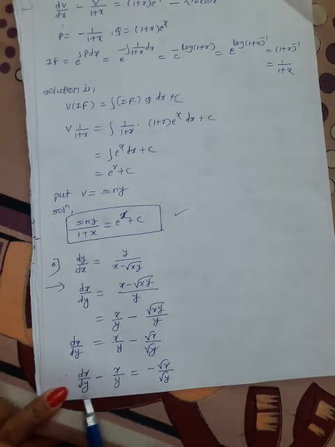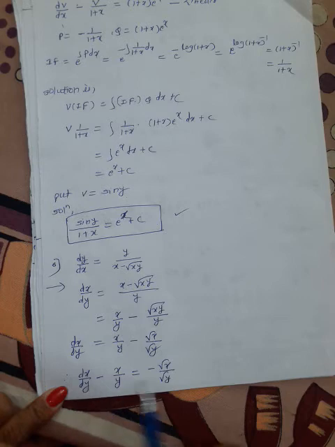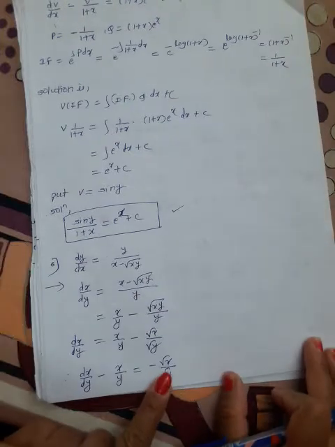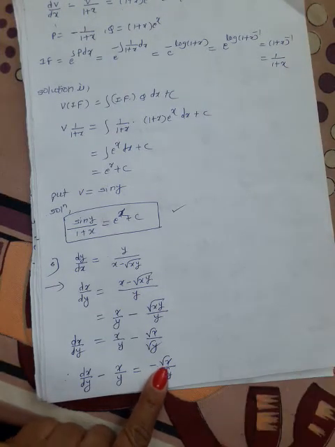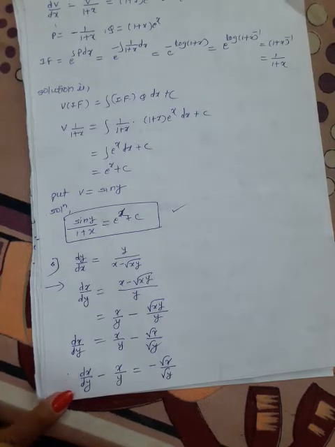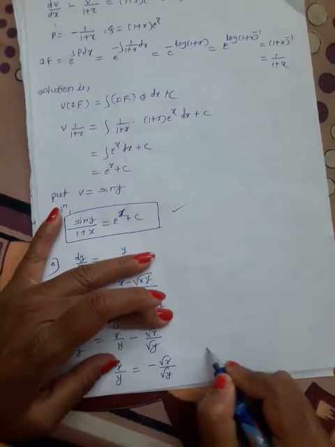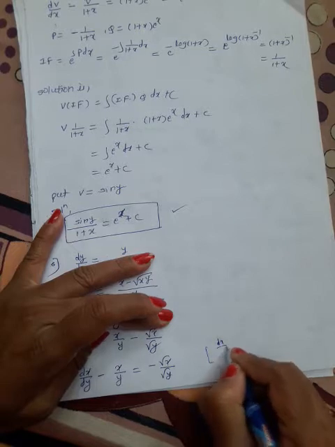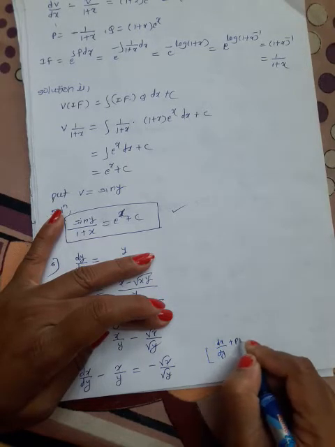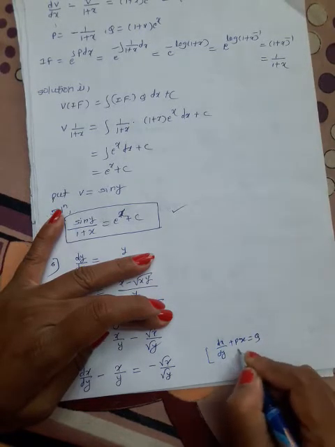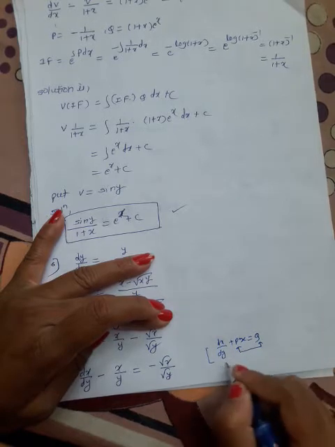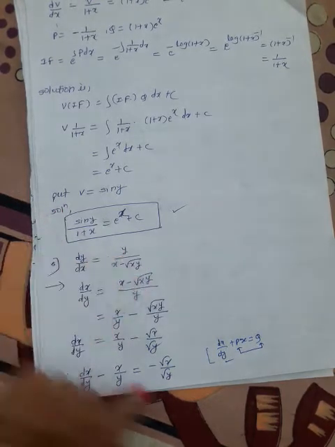That's why we have to divide this whole equation by this term root x. Okay. The next step will be to divide by root x, because we don't want a function of x on the RHS side, because this is a dx upon dy form. What is the dx upon dy form? Of linear dx by dy plus px is equal to q, where p and q are functions of y only, right?